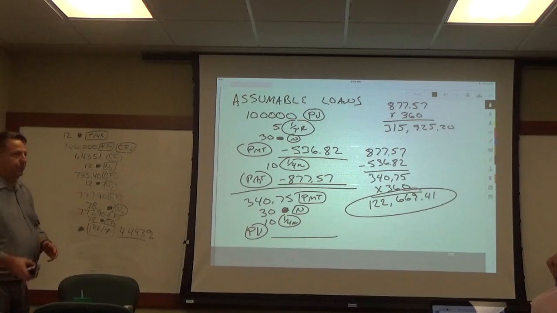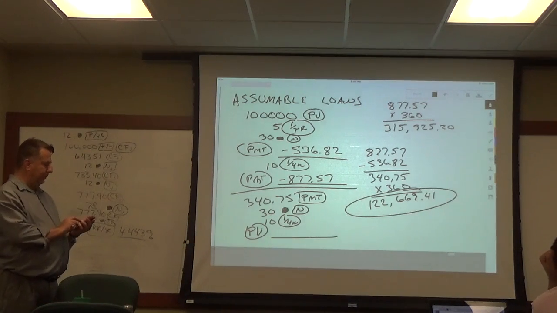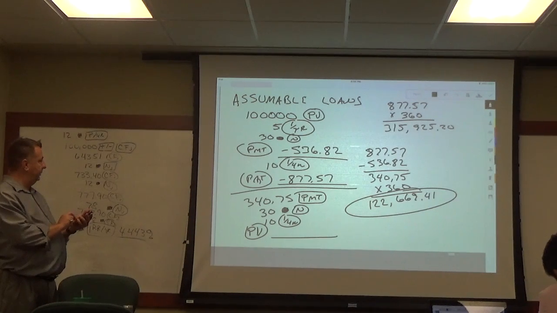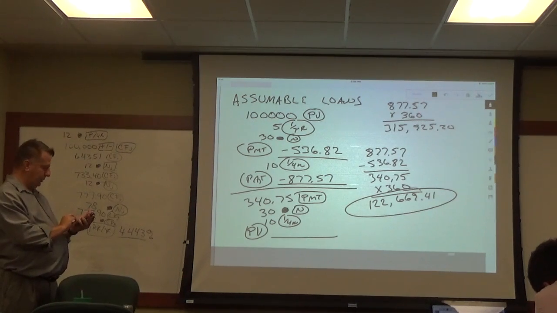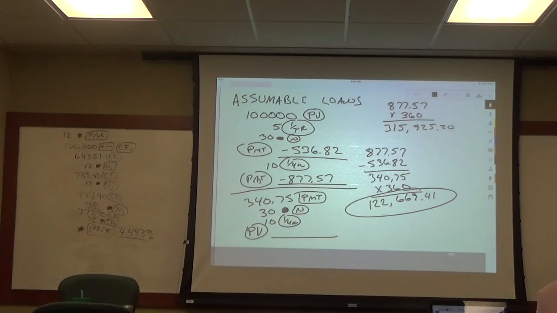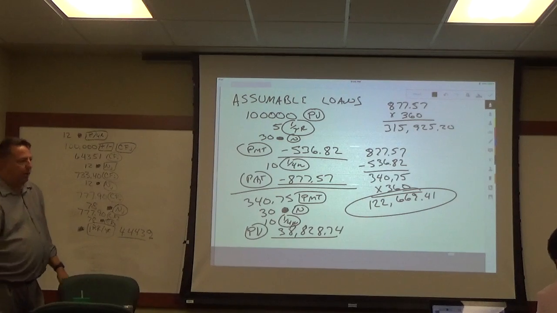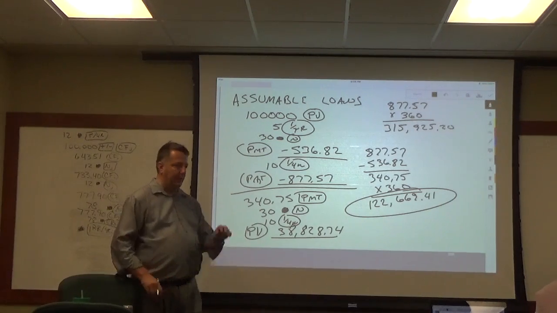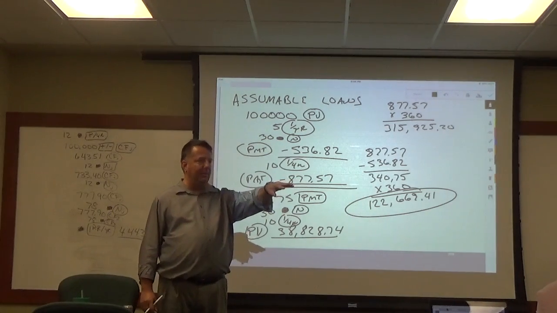That's going to discount it the most. So $340.75 as the payment, 30 years, 10%, and get the present value: $38,828.74.